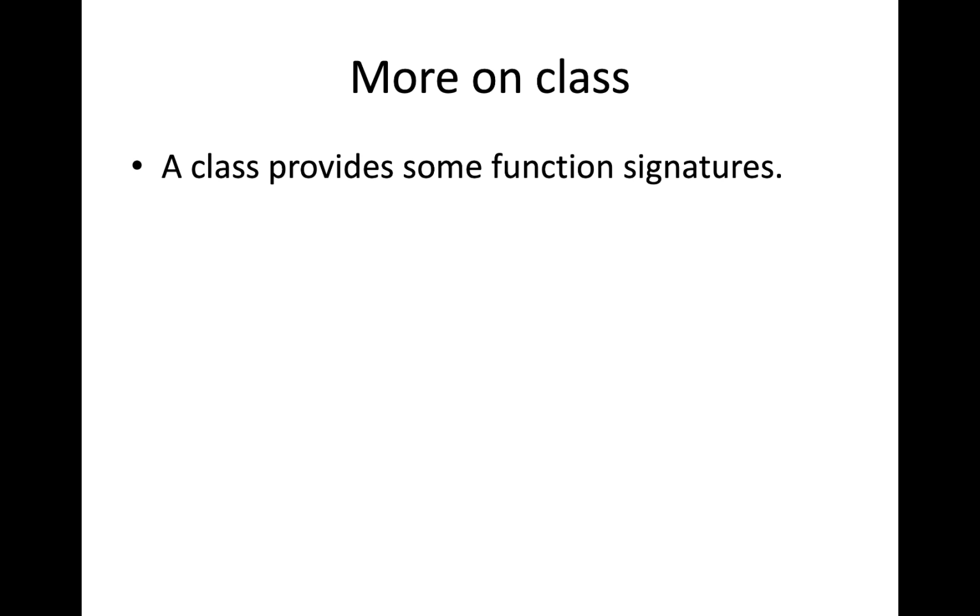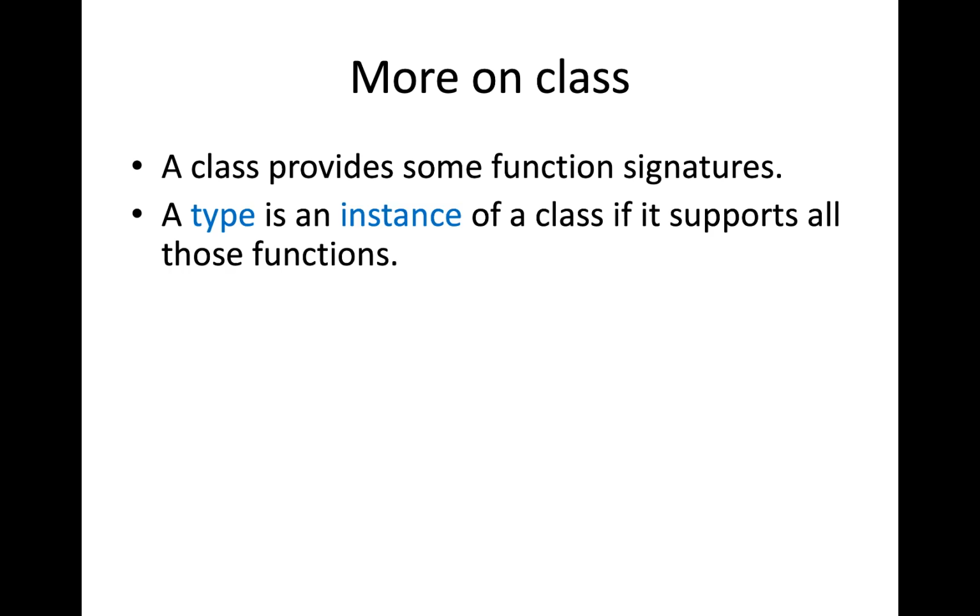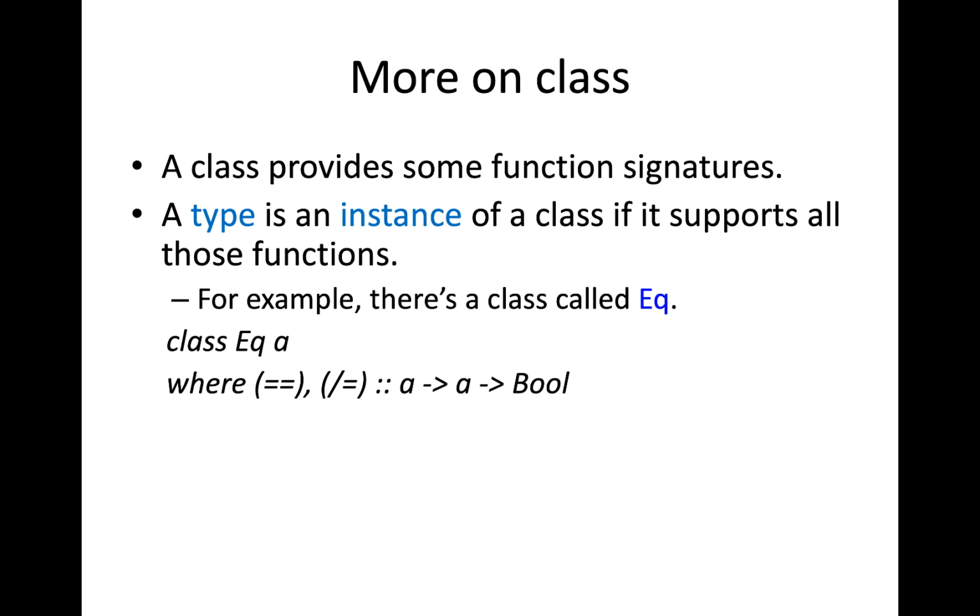And class basically provides some function signatures, and one type is nothing but an instance of a class. Let's take an example. Eq is a class, and it just means that Eq supports equality operation and non-equality operation, whose type is this.